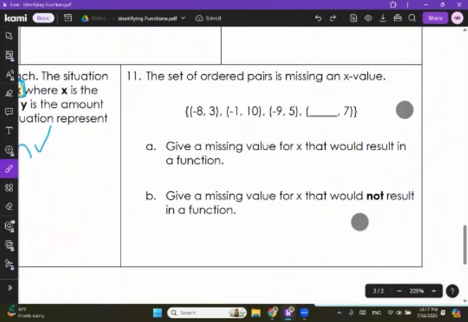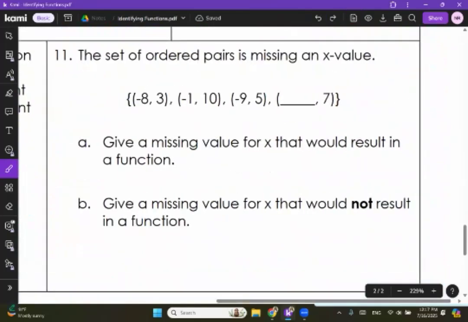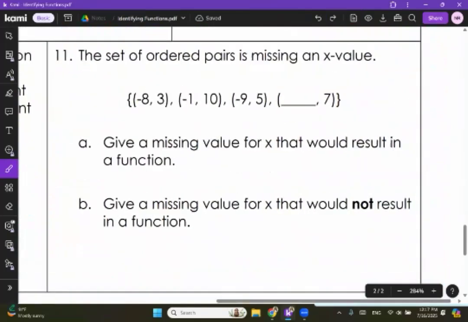Now, this is the way I have seen it on the STAR test in recent years. The set of ordered pairs is missing an X value. Give a missing value that would result in a function, meaning I can add it to the set and it's still a function, because we're only focusing on our X values. What numbers can I add? Think about it. I can add 1, 2, 3, 4, 5, 6, 7, 8, 9.